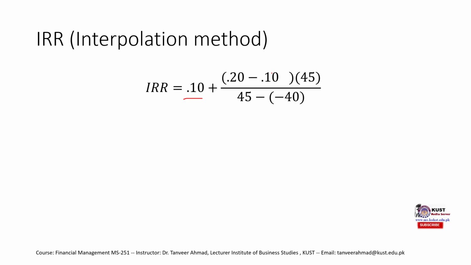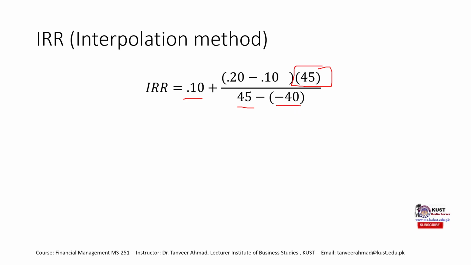Then again, IL into NPVL, which is the NPV that we got at the 10% discount rate. You can go back to where we found the NPV at 10%. You would find that it was plus 45, divided by NPVL, again 45, minus the NPVH, which was minus 40.